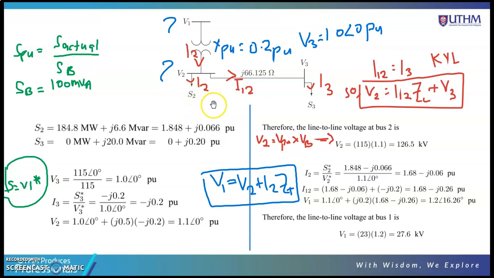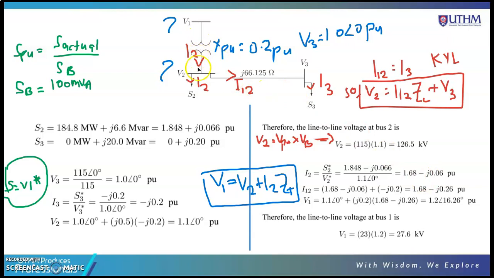We have the information of V and S, so from S equals V I conjugate, I2 equals S2 conjugate divided by V2 conjugate, in per unit. Then you can get I2 in per unit.